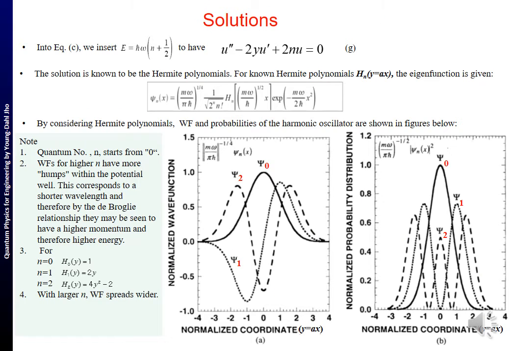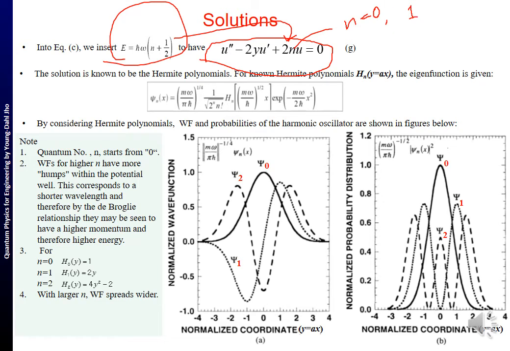So this is the energy, and we put this into here. This is the mathematical form, and n could be 0, 1, 2, and so on.